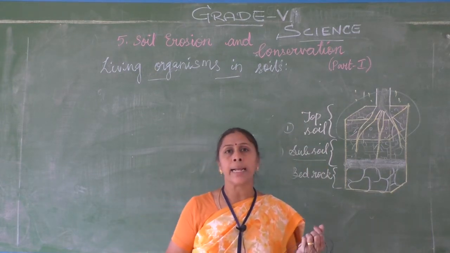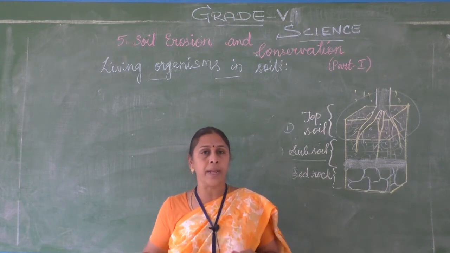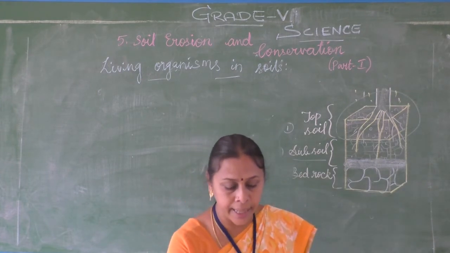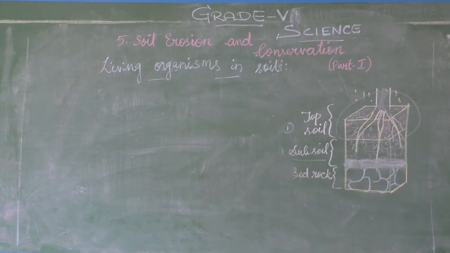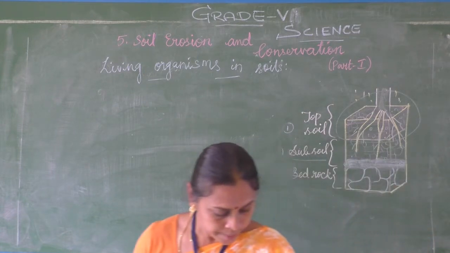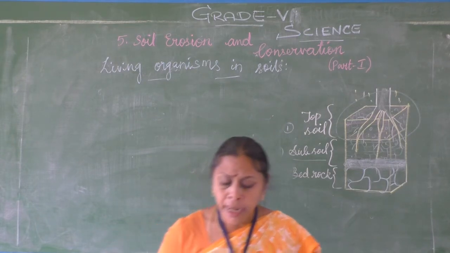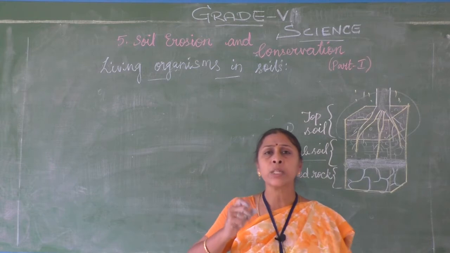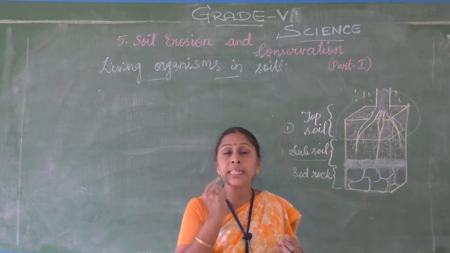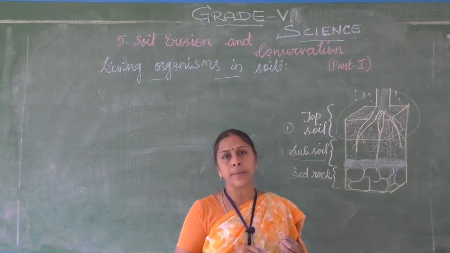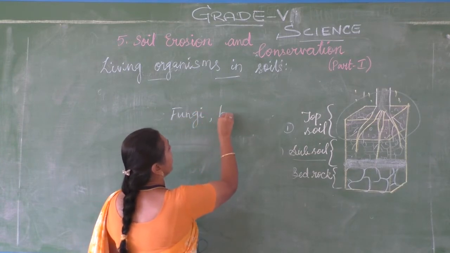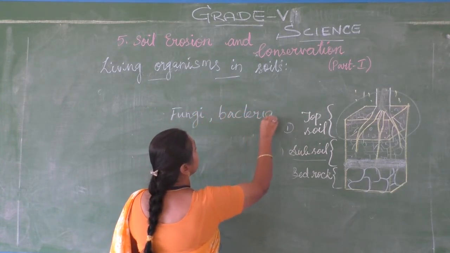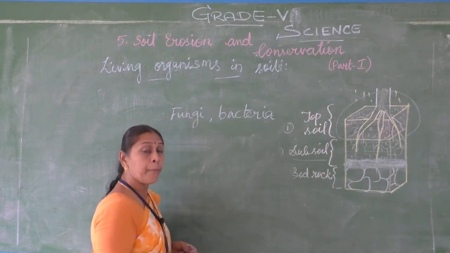And many living organisms, either small or big, are seen in the soil, that is on the earth's surface. Many are very small, that we cannot see with our eyes, unicellular, one-celled organisms like fungi, F-U-N-G-I, and bacteria, B-A-C-T-E-R-I-A.